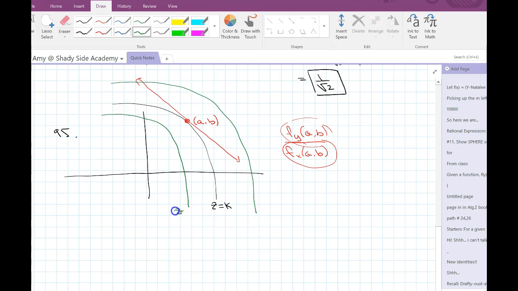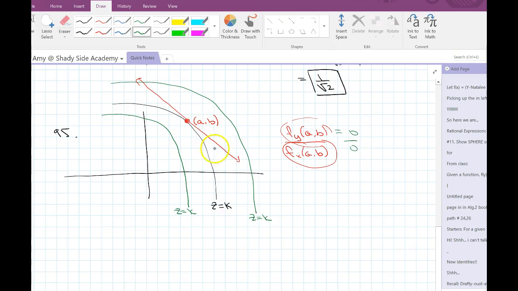Maybe z equals k for all of these, like maybe we have a surface where z equals 7, z equals 7, z equals 7. In other words, our surface is quote unquote flat, right? If this were the case, what would f sub y at a comma b be, and what would f sub x at a comma b be? Well, these would both be 0, right? And clearly the slope of this tangent line is negative.